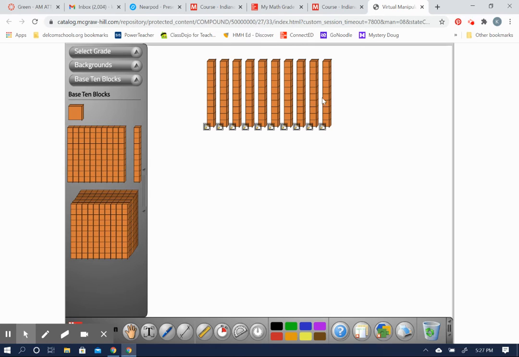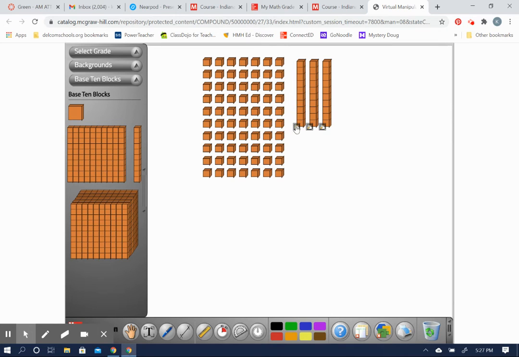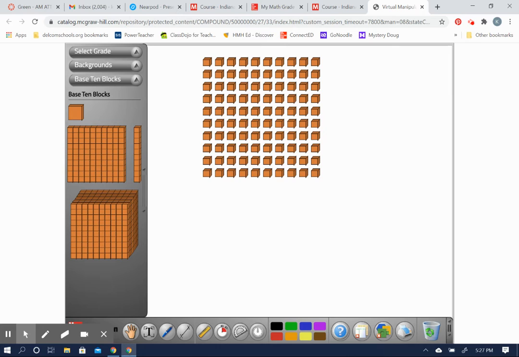And these 10 tens are also the same as, well, each one of these, how many ones? 10 ones. Here's 20 ones, 30 ones, 40 ones, 50 ones, 60 ones, 70 ones, 80 ones, 90 ones, and here is 100 ones. That would be like if we first broke this into 10 tens, and then you break the 10 tens apart into the individual ones, and there's 100.